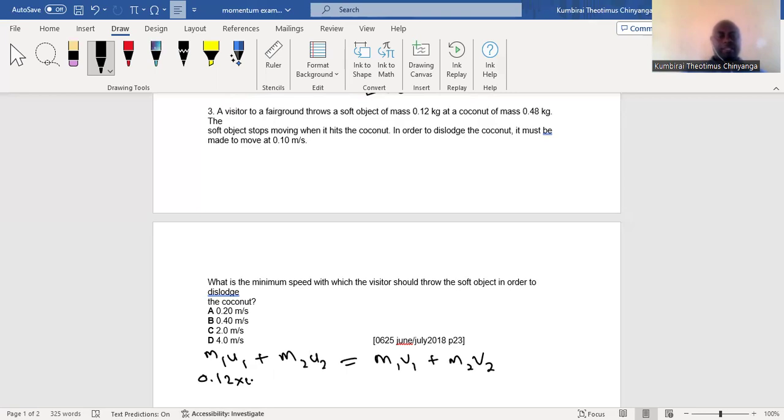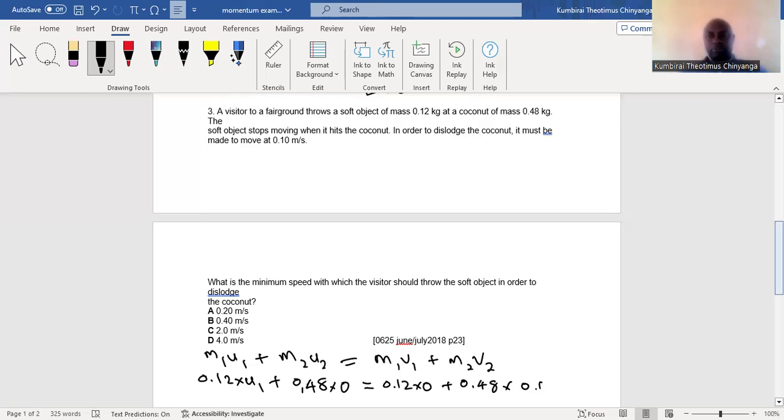And in this case, we do not know the velocity of this soft object. And like I said, it is reasonable to assume that the coconut is at rest. It stops moving, so it comes to rest. But the coconut moves at 0.1.